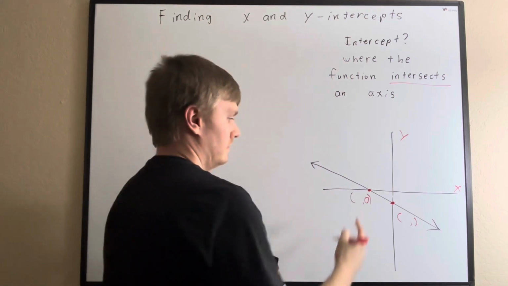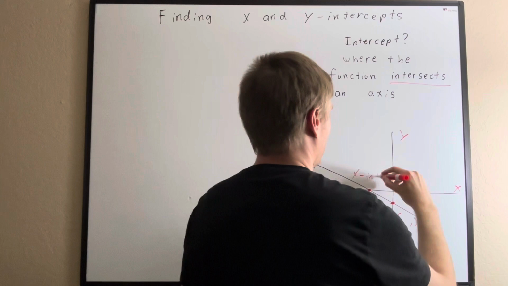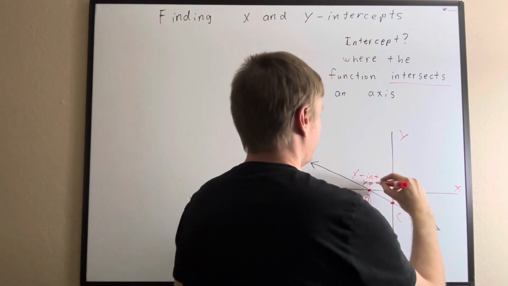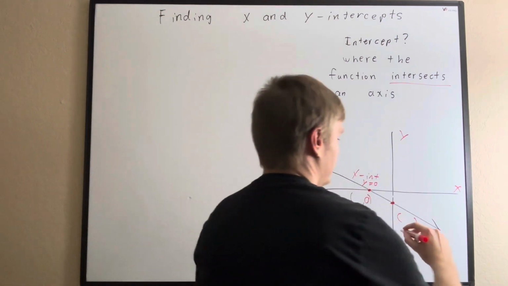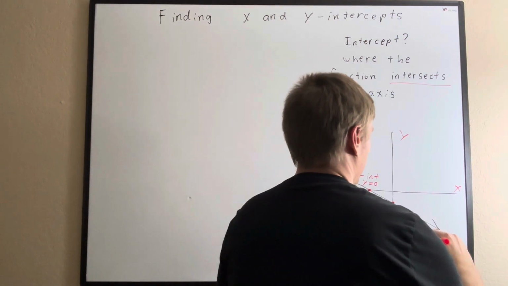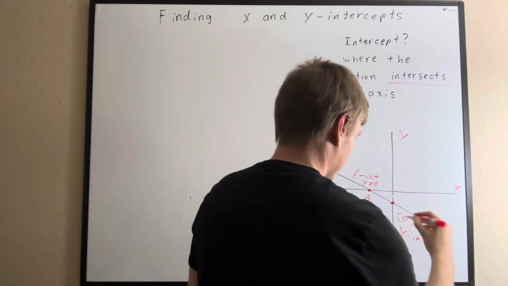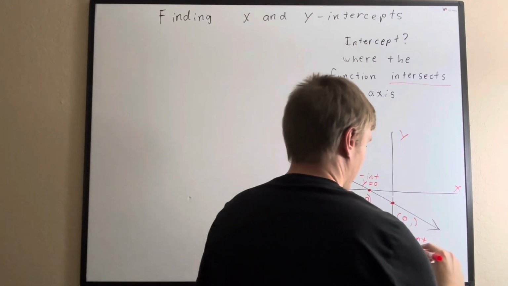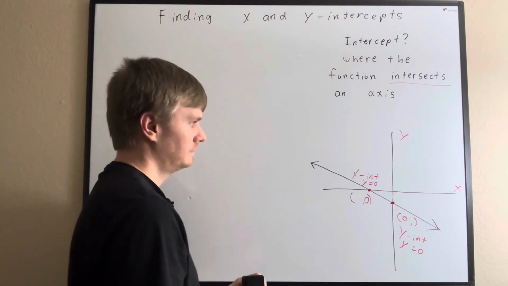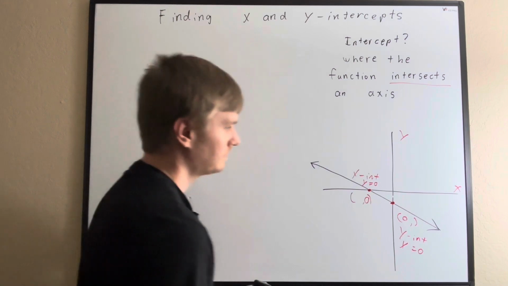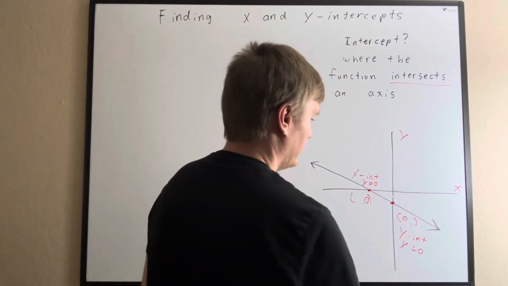So when we want the x-intercept, y equals 0. Now, for the y-intercept, guess what? x equals 0. Because you don't go right or left, you just stay on that line.